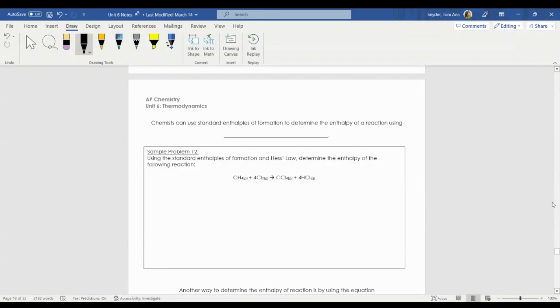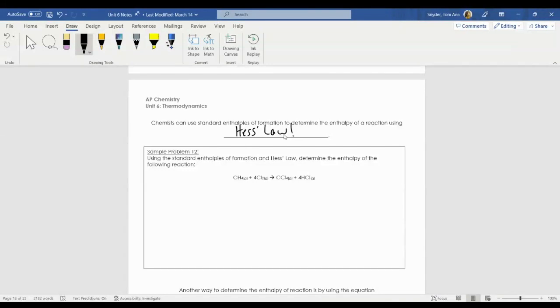We could do that by using Hess's law, which we've already used. And you guys were very good at that from what I remember. So we can use Hess's law to figure out what is the standard enthalpy of these reactions.